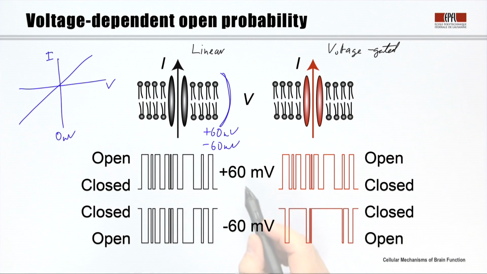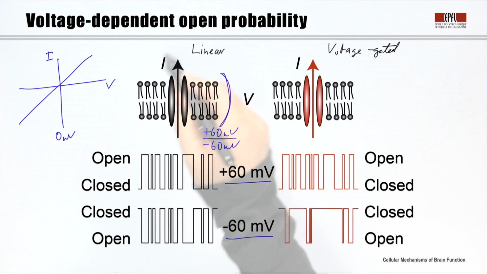And so at a membrane potential of plus 60 millivolts, we have a certain amount of time that the ion channel spends in the open state compared to the closed state. In this case, maybe it's in the open state about half of the time. If you go to negative hyperpolarized potentials, the open probability of a standard linear ohmic ion channel doesn't change.